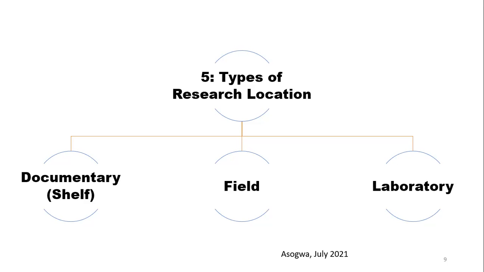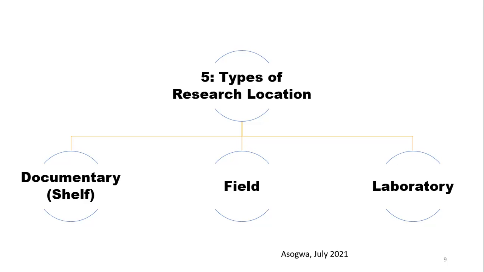We have another one called field research. This one is a type of research that goes on in the field, that things are observed naturally the way they are. Just like someone going to the forest to observe the way snakes or birds behave. That is field study, the way they are. It could be in the farm, how farmers behave during rainy season.